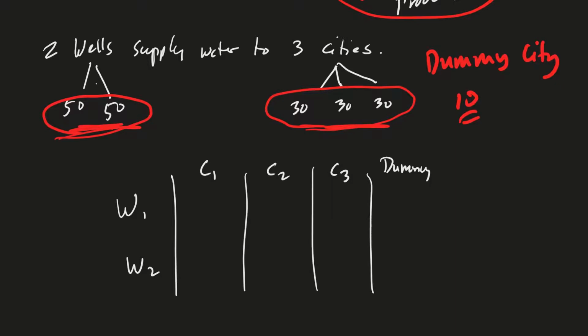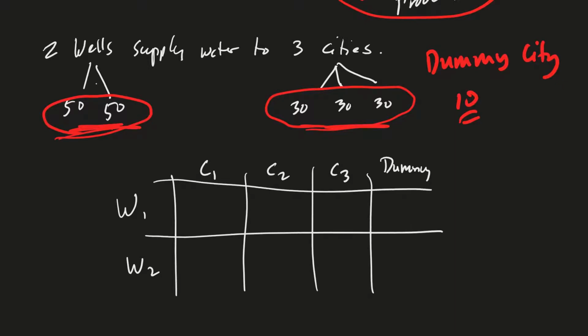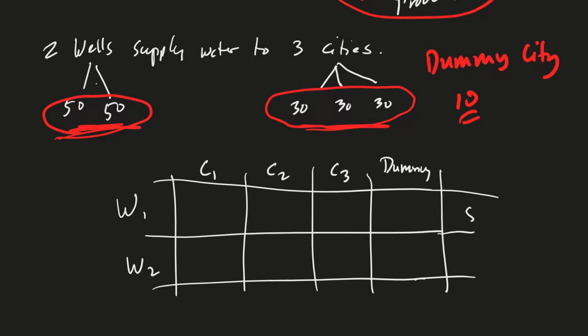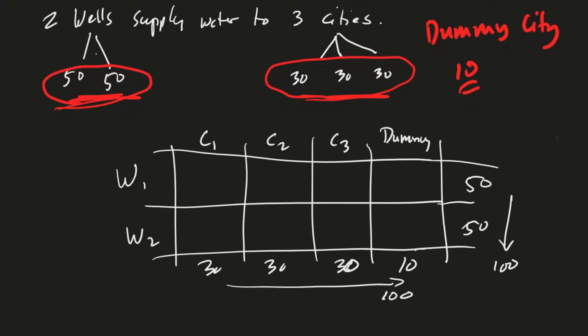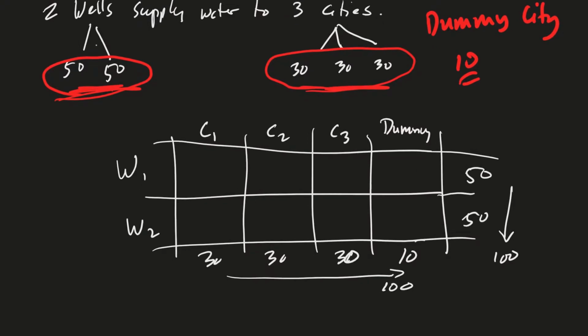And then when we fill in our supplies and demands here, we have 50, 50, 30, 30, 30, and now we have our 10, and so now this is summing to 100, this is summing to 100, and so this is now our balanced tableau.